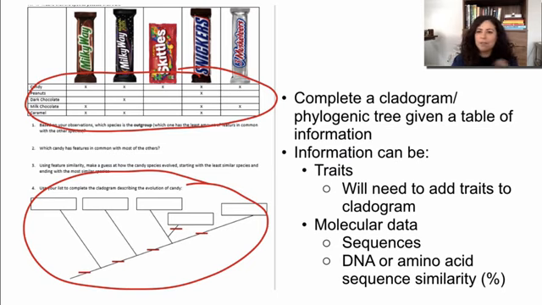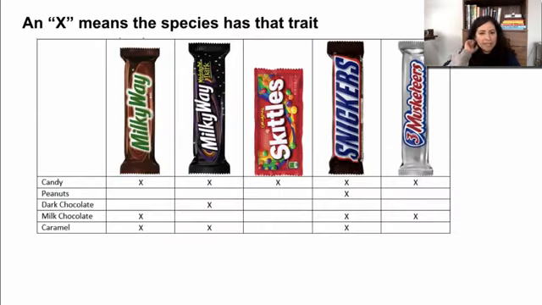So that's just saying, species A compared to species B, they are 10% different, or something like that, and then you'd have to use that data. So we're going to do some examples using all of these different types of data so you can see how we construct these cladograms. Okay, so to start, let's go ahead and look at this candy cladogram example.